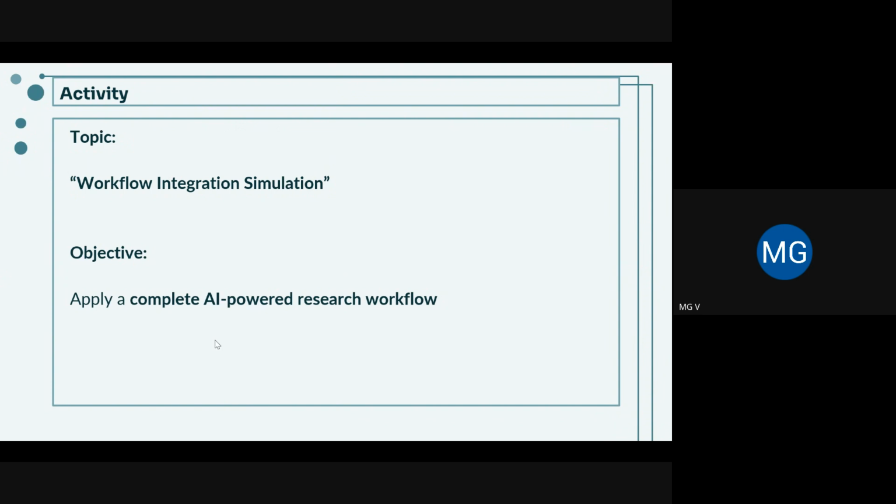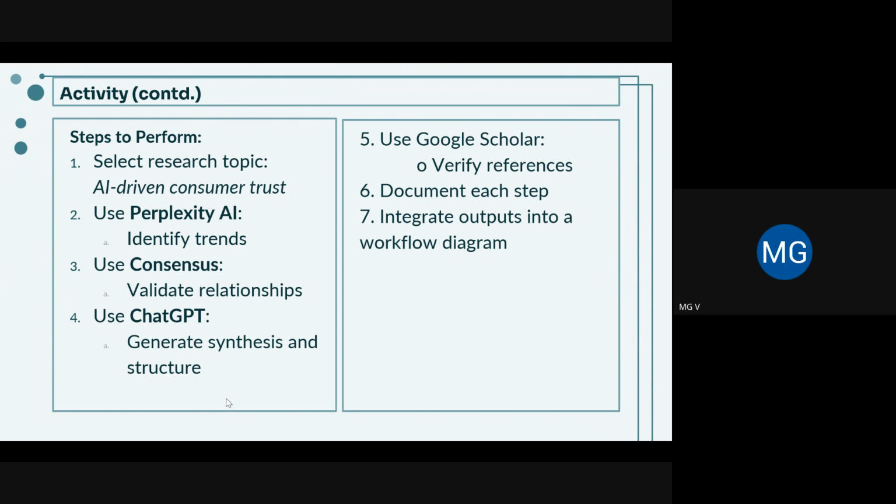So, activity time on workflow integration simulation. We need to apply a complete AI-powered research workflow. How can we do this? First, we can select the research topic such as AI-driven consumer trust. Then we can make use of Perplexity AI to identify the trends, Consensus to validate the relationships, ChatGPT to generate synthesis and structure, and Google Scholar to verify references.